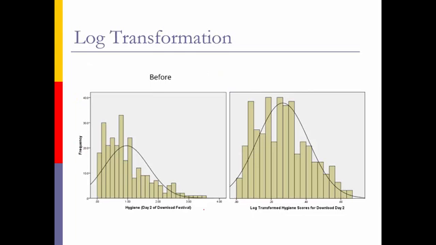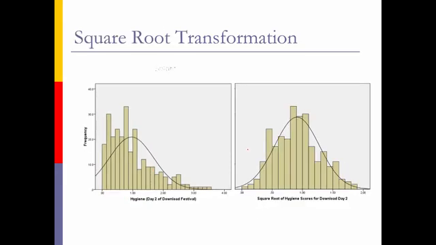Here's a good example of what can happen to your data set. So we have a before, and we've got some pretty nice skewed data. Once we transform that data, we've got some really fairly decent normal data. The skew is obviously removed. Looks a little bit better. There's still a little bit of a skew there, but it's not nearly as bad as it was before.